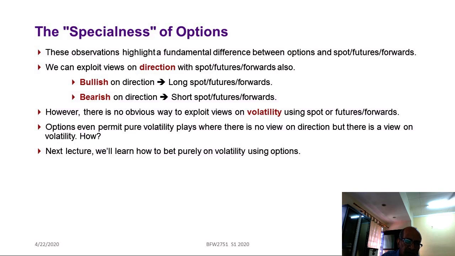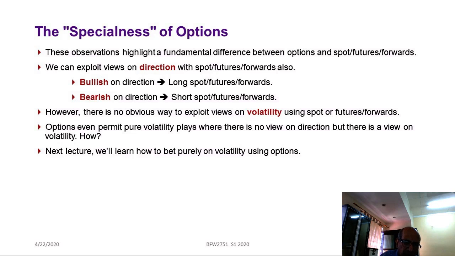We can exploit views on the direction with spot, futures and forwards also. When you're bullish on direction, you go long spot, long futures, long forward. Why? Because you buy and hold and sell at a higher price. Bearish on direction, you short spot, short futures, short forward. This is very simple. I think you have understood all this in the earlier lectures already.